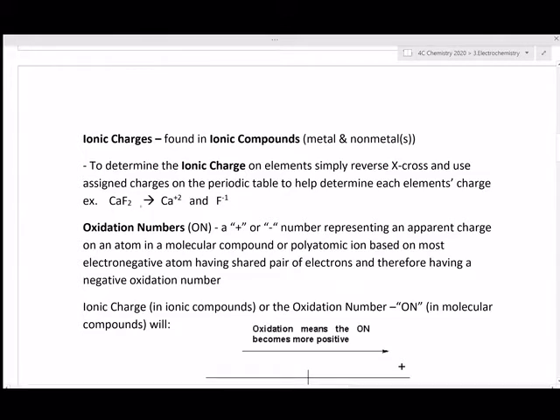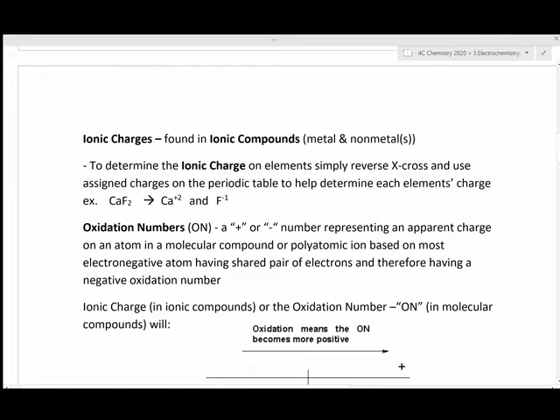So in calcium fluoride, the ionic charge on calcium is +2 because it's found in group 2. And fluorine is typically -1, being a halogen, but it might sometimes be something different. The one way you can tell for sure is that the overall charge on your molecule would be 0. So the fact that we have +2 for calcium means fluorine has to be -1.